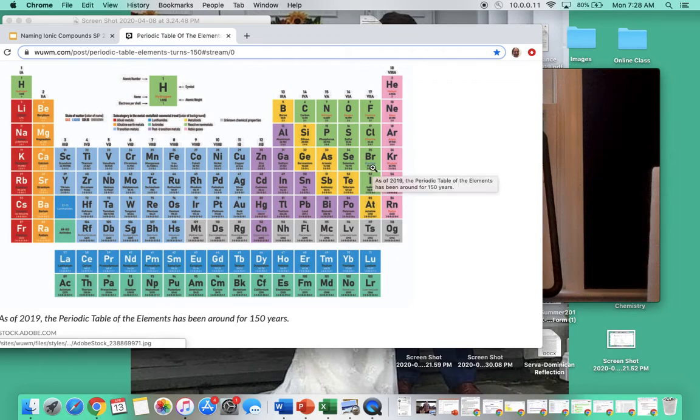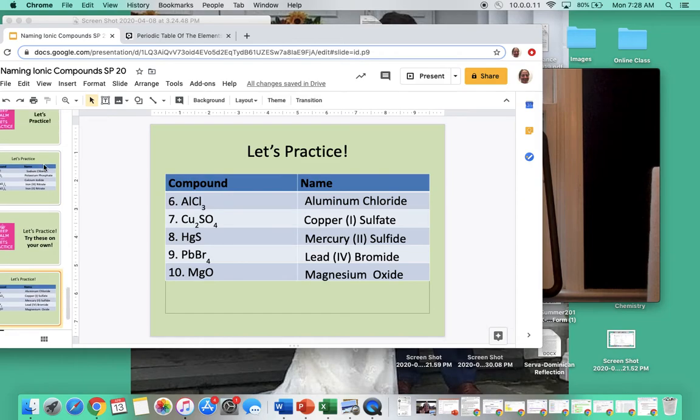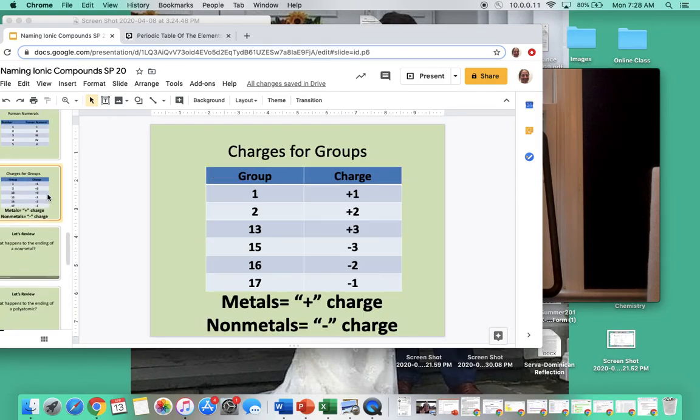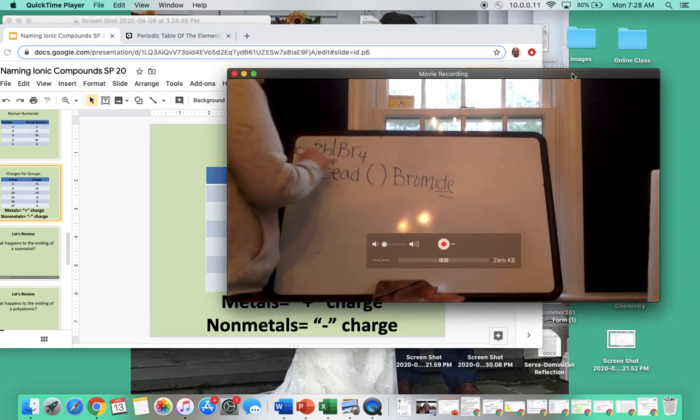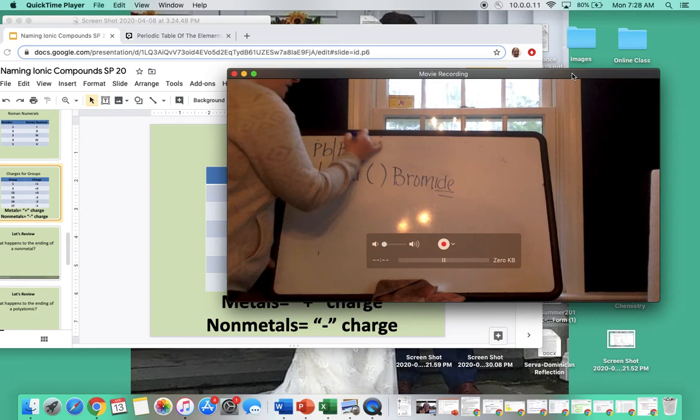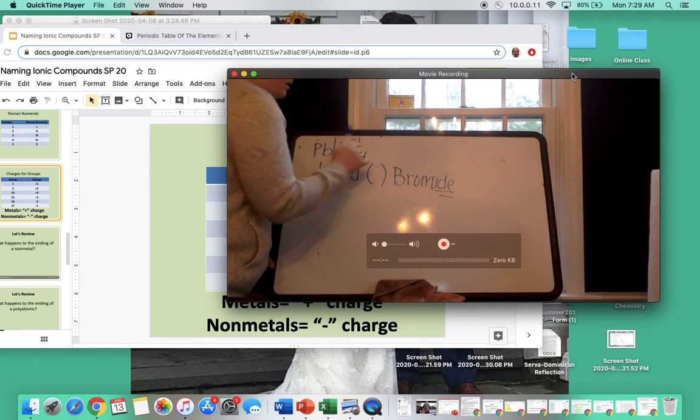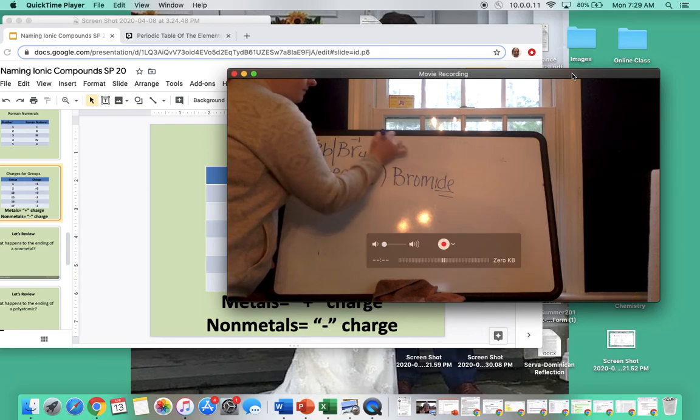We see that bromine is in group 17. If I slide back over here to look at the chart, anything in group 17 has a -1 charge. So -1, there's 4 of them. -1 times 4 is -4 on the right.